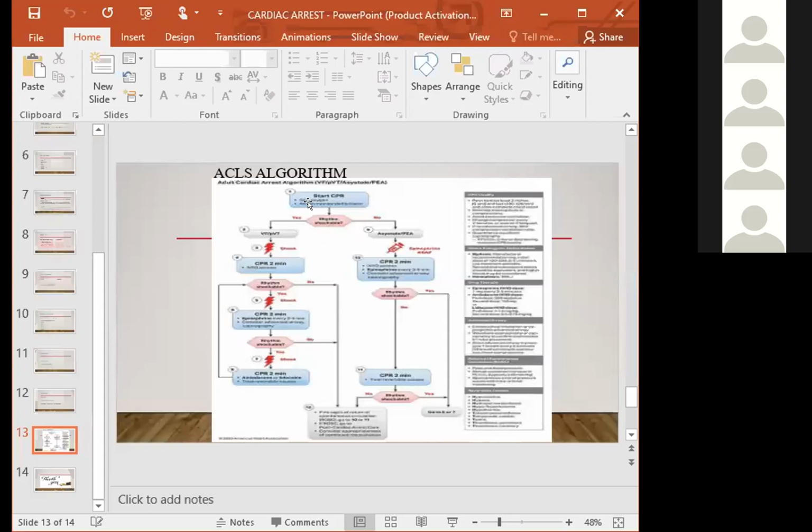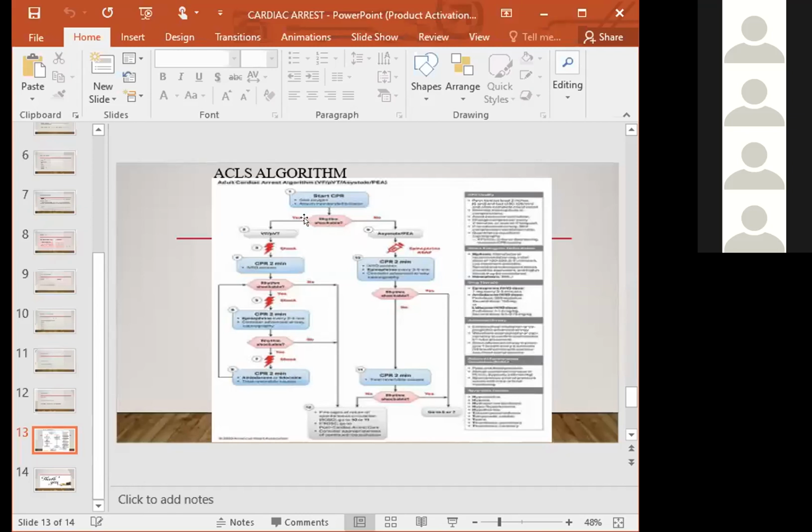So as soon as you realize that the patient has no pulse, the first thing you do is you connect your monitor quickly if your monitor is not connected, so that you know what you are dealing with. Then you start a CPR. Okay, CPR means chest compression and then ventilation, right? So you learn how to do quality CPR very soon. And then you look at the monitor to ascertain the rhythm.